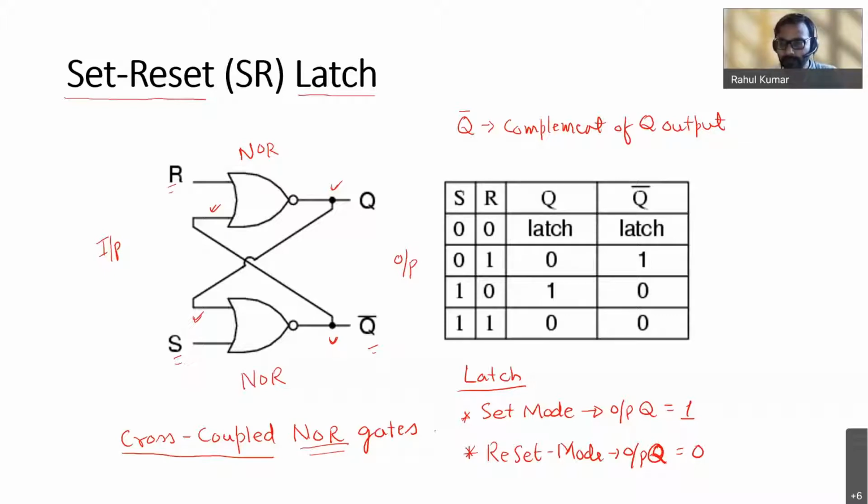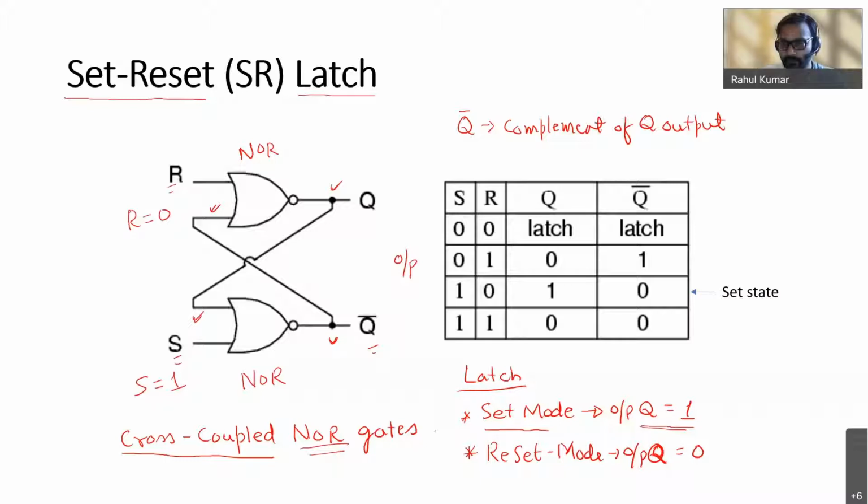If you want to set your latch, meaning the output Q should be 1, we apply S equal to 1 and R equal to 0.